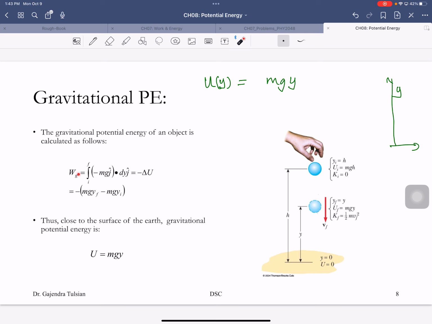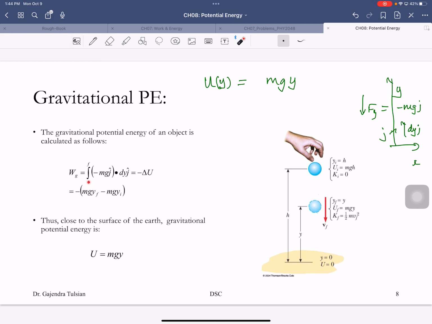Okay, so the work done by the gravitational force is the negative of the change in potential energy. Here's the gravitational force. j is the unit vector, and the gravitational force is in this direction, equal to minus mg j. Any displacement in that direction is dy j.